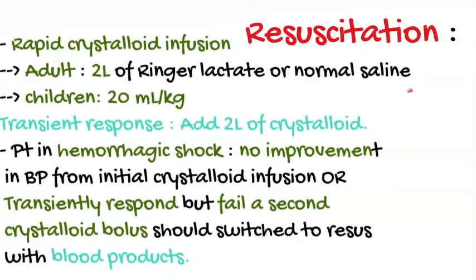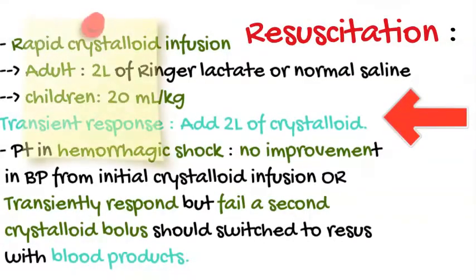Patients who experience a transient response should receive an additional infusion of 2 liters of crystalloid. Patients in hemorrhagic shock with no improvement in blood pressure from the initial crystalloid infusion, or who respond only transiently, should after the second bolus of crystalloid be switched to resuscitation with blood products.